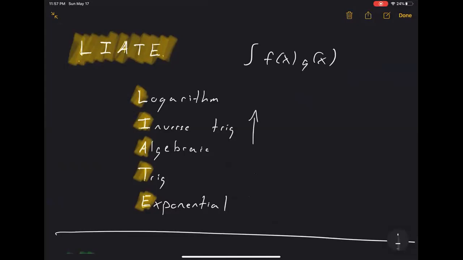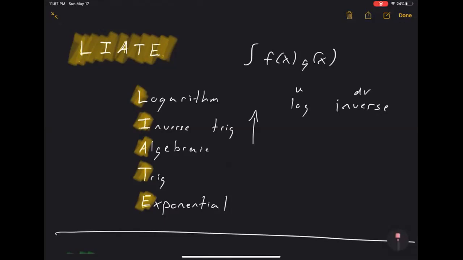So let's say I have a logarithm and an inverse trig function in the same integral. Well, my log should be u and my inverse trig should be dv.